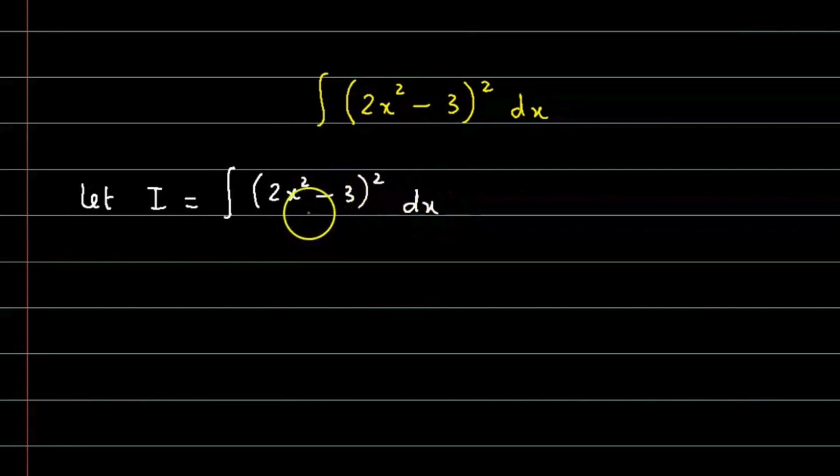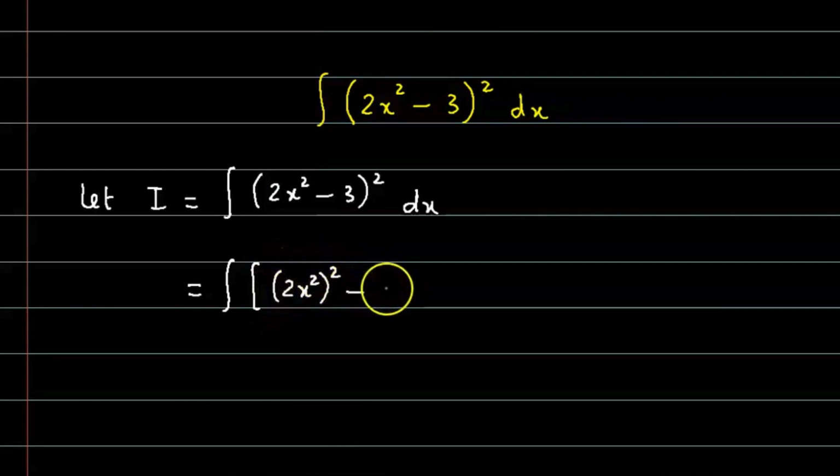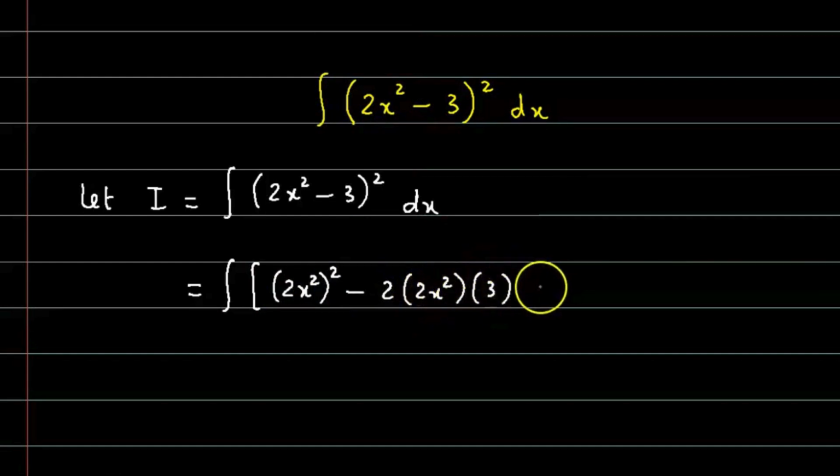Now first of all, we will apply the expansion formula, that is (a minus b) the whole square, which is a square minus 2ab plus b square. So let us expand this. So this would become (2x square) the whole square minus 2 times 2x square into 3 plus 3 square.